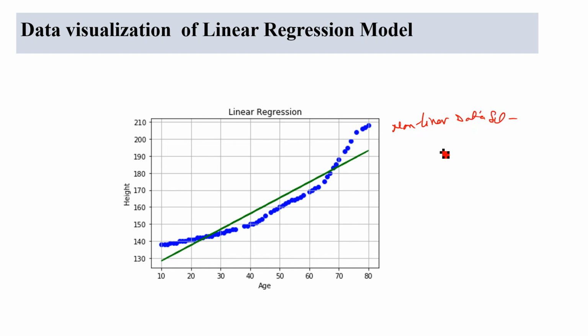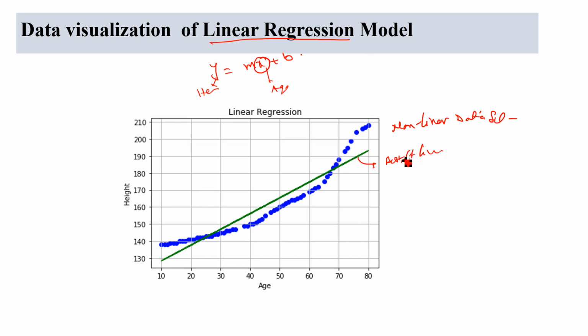In the nonlinear data set, suppose you apply linear regression. The linear regression formula is y equals mx plus b. Here there is only one independent variable, the age, and y is the height. This green line is the best fit line.